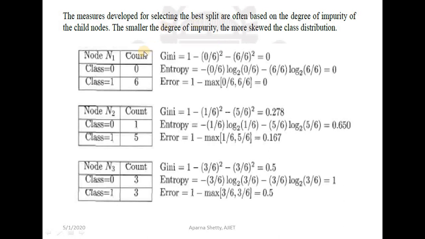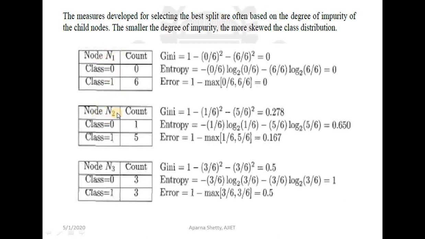Here they have given examples. There are three nodes here: node N1, node N2 and node N3. There are two classes, class 0 and 1. In node N2 also there are two classes, class 0 and 1. Now we are counting the attribute values that belong to class 0 as well as class 1 in node N1.